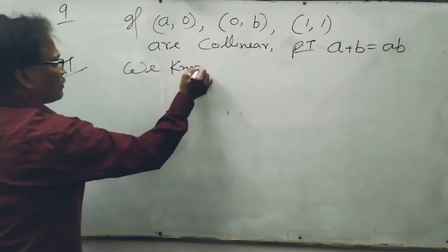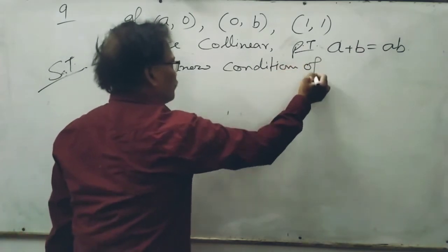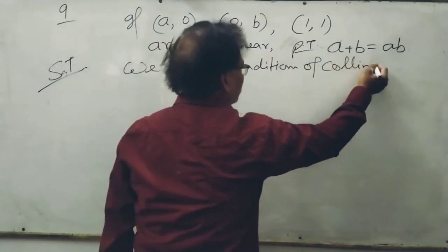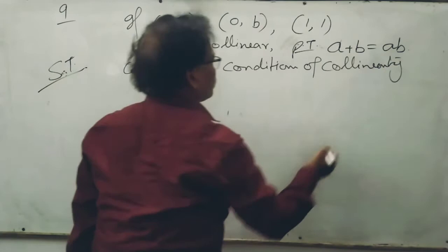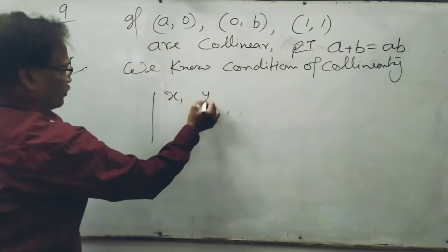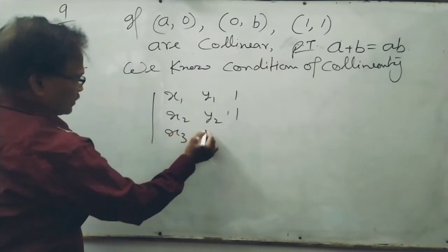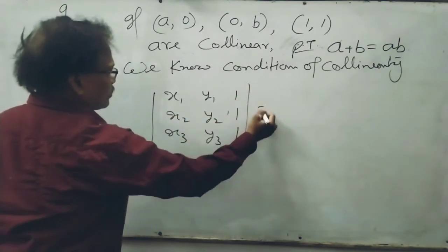We know the condition of collinearity. What is the condition? The determinant with rows x1 y1 1, x2 y2 1, x3 y3 1 is equal to 0.